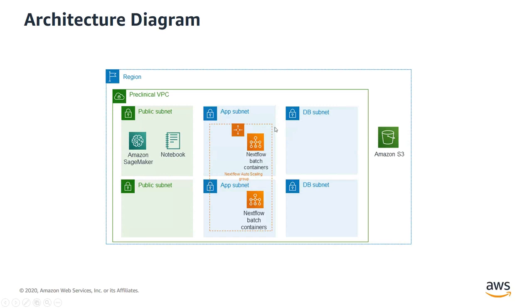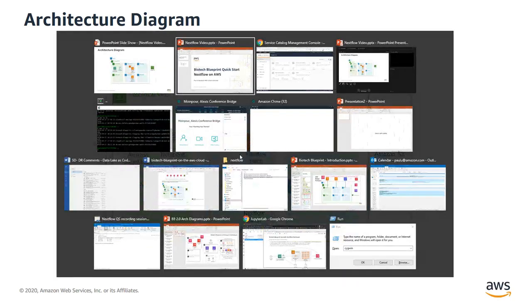The Quick Start creates a number of batch compute environments where future Nextflow jobs will run, and that SageMaker Jupyter Lab environment I mentioned is pre-configured to integrate with AWS Batch and the Nextflow containers that run inside them. And so with that, I'm going to pop over to the AWS console.